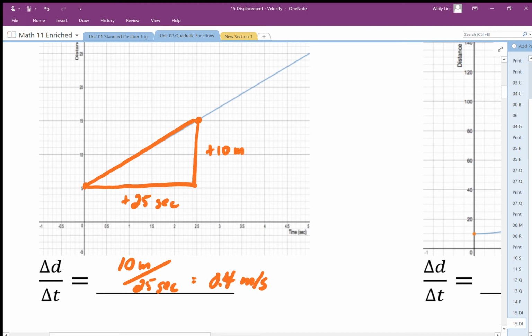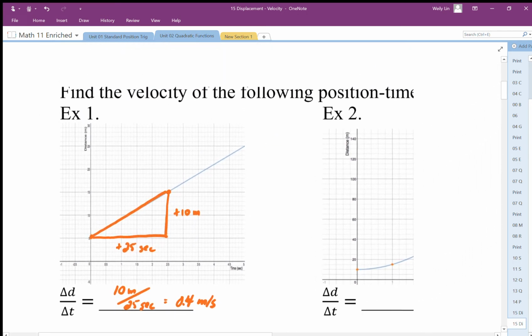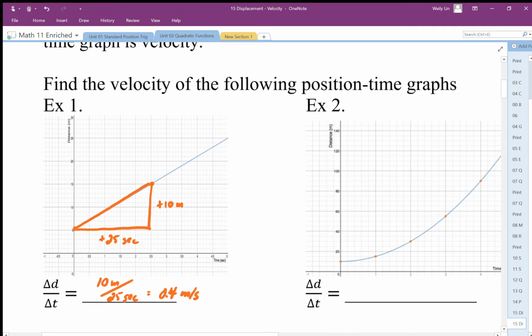That's fairly straightforward. For a linear function, we know that the slope is constant. So we went from a degree 1 linear function to a degree 0 constant value.